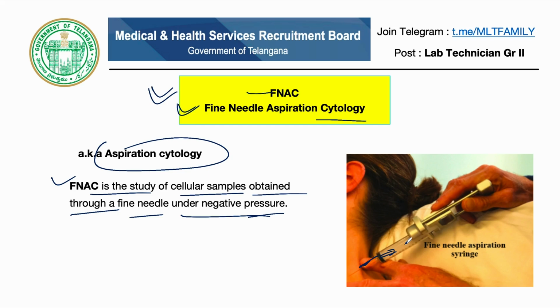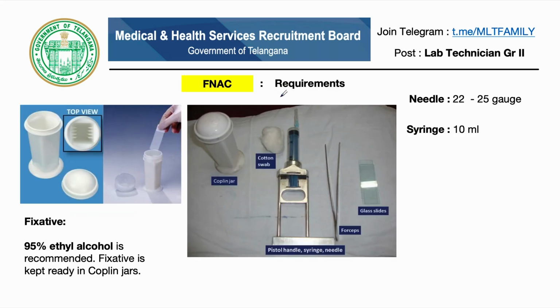So this is FNAC. There are certain requirements for this sampling technique. We need a syringe with a 22 to 25 or 26 gauge needle, and a 10 ml syringe is the common one.